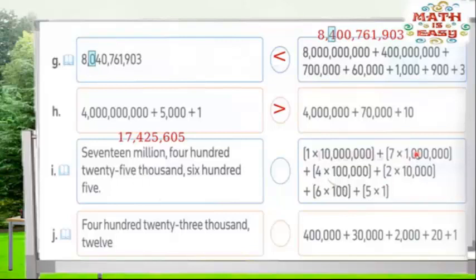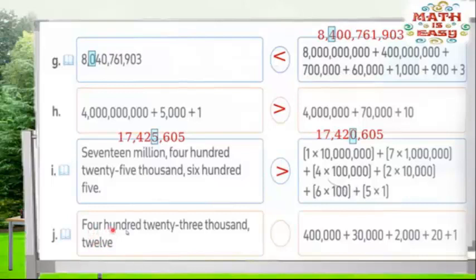That means 17 million. 4 times 100, 4 in 100,000 place, 20 times 10, 420, and last period we have 600 times 605, like this. Which one is more? 17. We have here in the second number 17, 425, but here 420, 5 more than 0, so the first number bigger than second number.